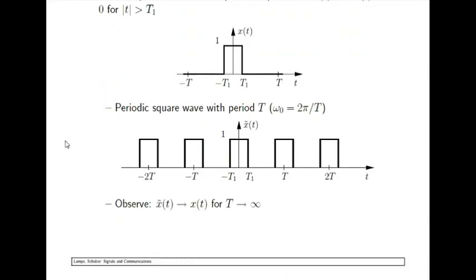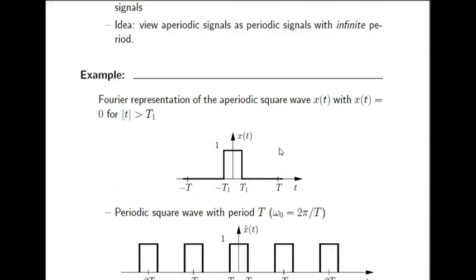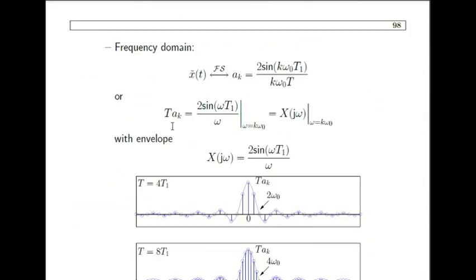So now let's see the Fourier representation of this periodic signal. In the frequency domain, if I try to find the Fourier series coefficients of x cap t, then you can find that the Fourier series representation of a square wave is a sinc function.